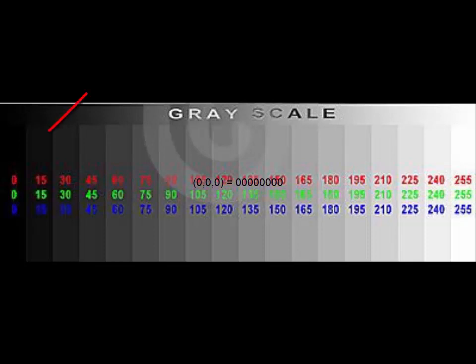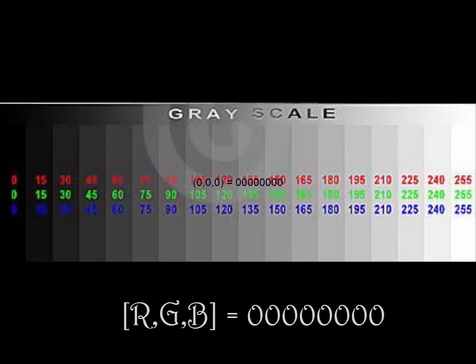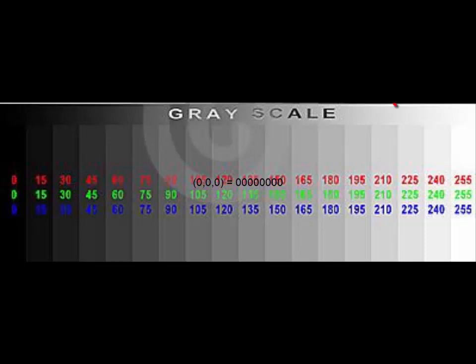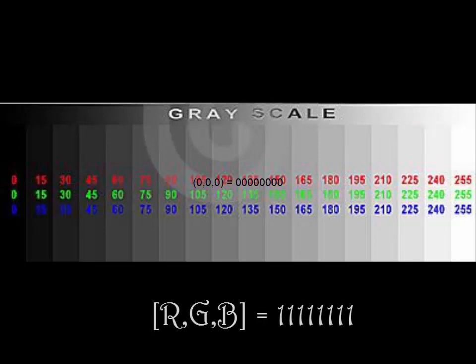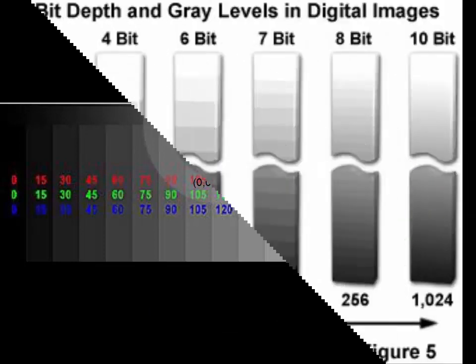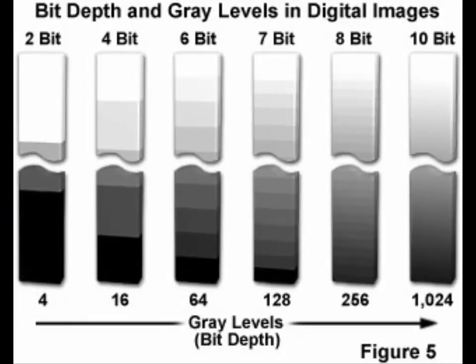Then, black is represented by R equals G equals B equals 0, or R equals G equals B equals 00000000 in binary, and white is represented by R equals G equals B equals 255, or R equals G equals B equals 11111111 in binary. Because there are 8 bits in the binary representation of the gray level, this imaging method is called 8-bit grayscale.